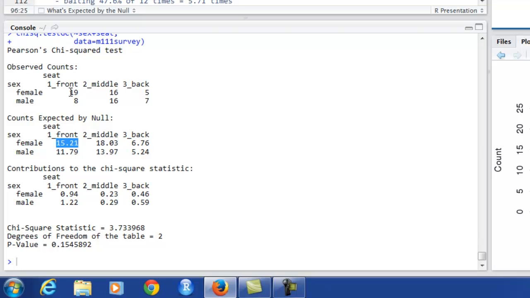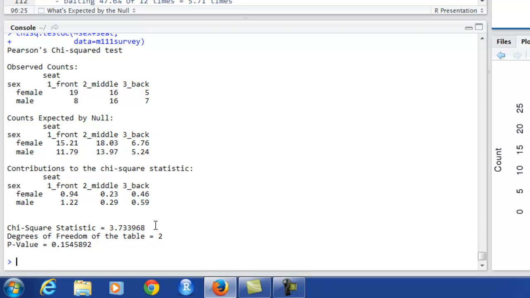If we take 19 minus the 15.21, square that, and divide by 15.21, the fraction we get is 0.94. In the same way, we get a fraction for each one of the cells of the two-way table. And when you add those 6 contributions together, you get the chi-square statistic. It turns out to be about 3.73.